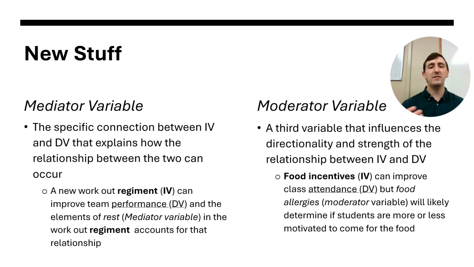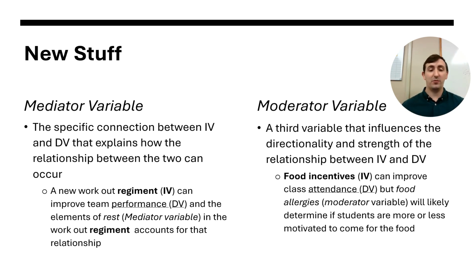And we might be able to see pretty quickly that as we increase or decrease the new workout regimen, team performance can go up or down also. But the question is, what about that new workout regimen is actually connecting to the team performance?